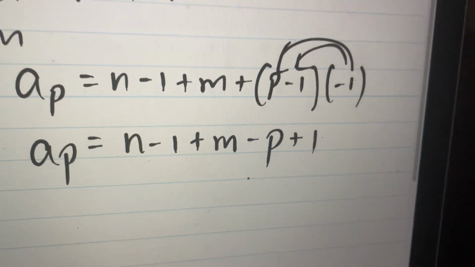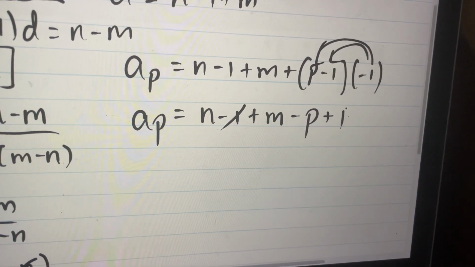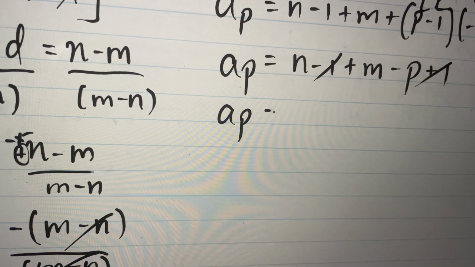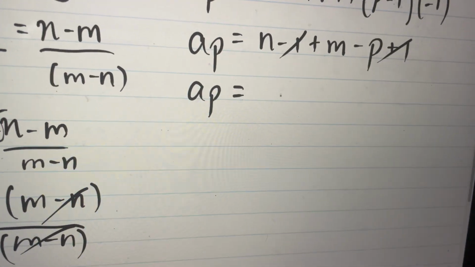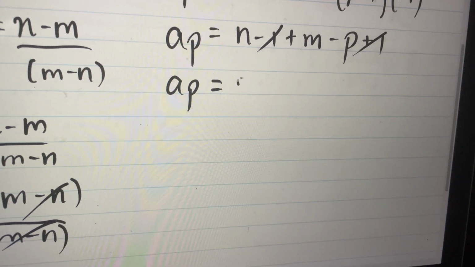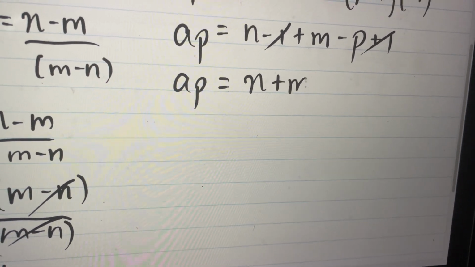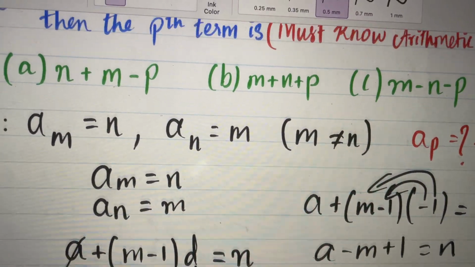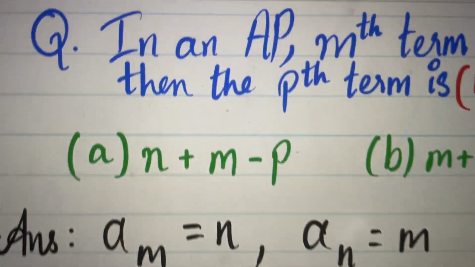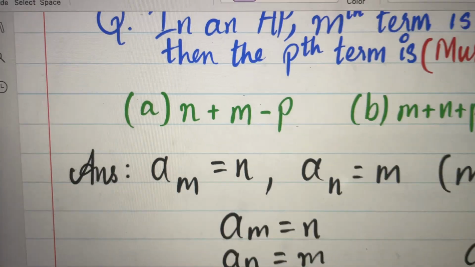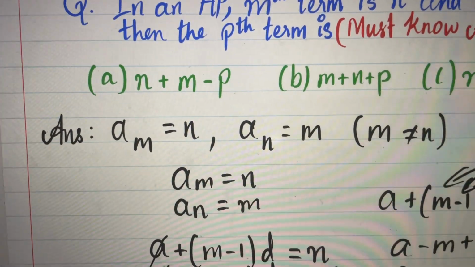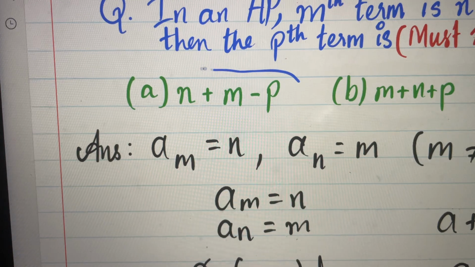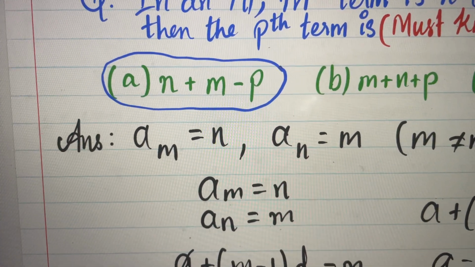I can cancel the ones, and that means I'm left with a_p. The p-th term is equal to n plus m minus p, and is that there in the options? Yes, option A is the correct answer. Let's just mark it, and that's the answer.